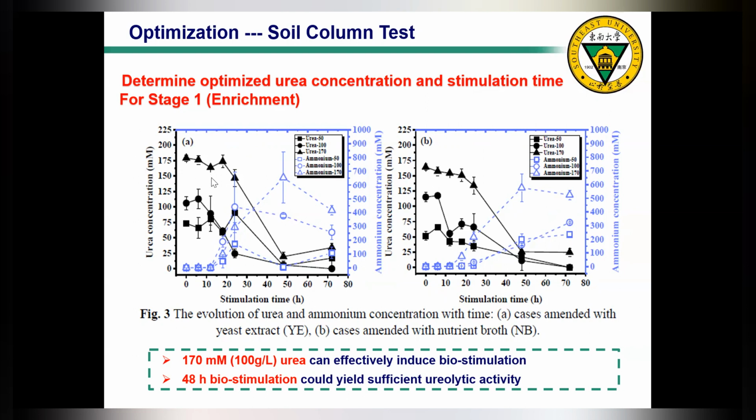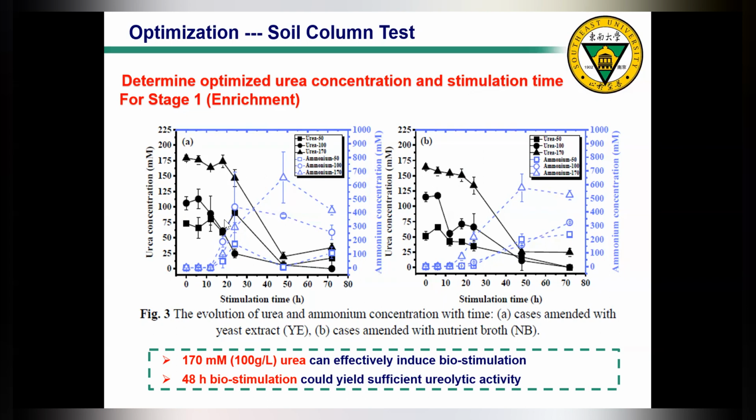Clearly, if we look at the black lines and dots, we can see that with the increase in urea concentration, from 50 mole to 100 to 170 mole, the ability of the enriched bacteria to consume urea also becomes higher, right?